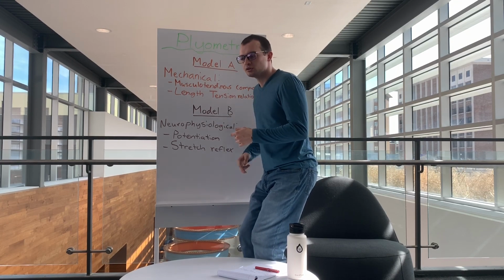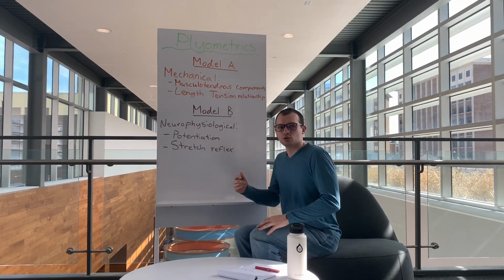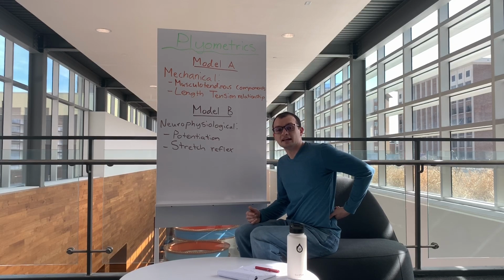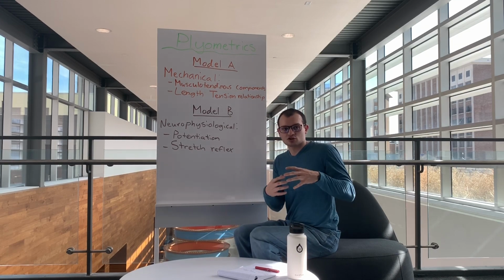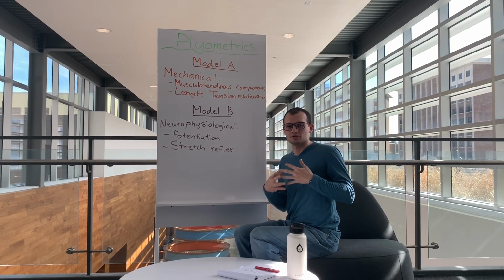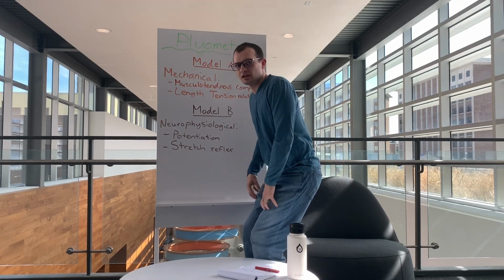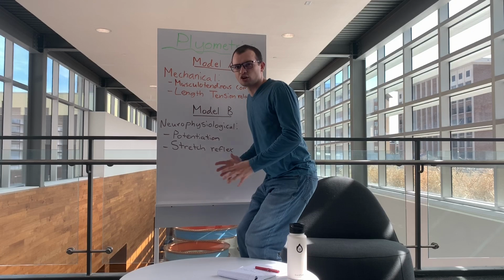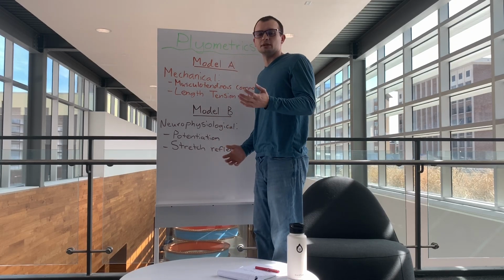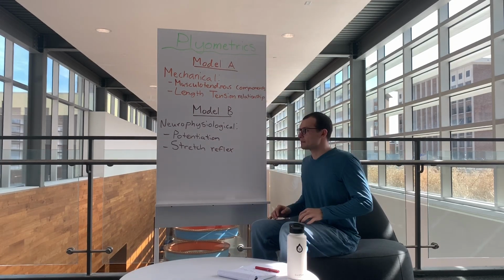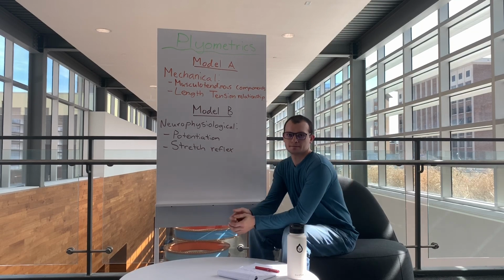A signal is going to leave that muscle spindle, go to your spinal cord, and tell your brain, hey, this muscle is being stretched very quickly. And so your brain's response is going to be, hey, let's get a hard contraction so that we don't have any of that damage or that limitation. As it's being stretched, you send that signal to those muscles. Your muscles then contract harder because of that neurological signal, and you're able to jump higher and faster. And so that's your stretch reflex.